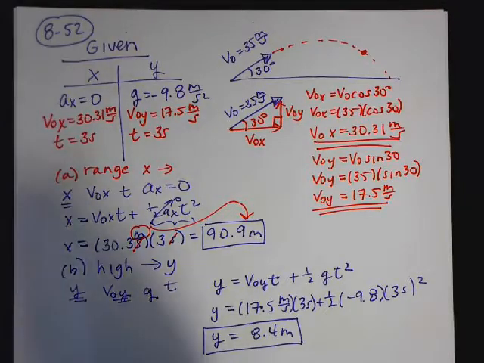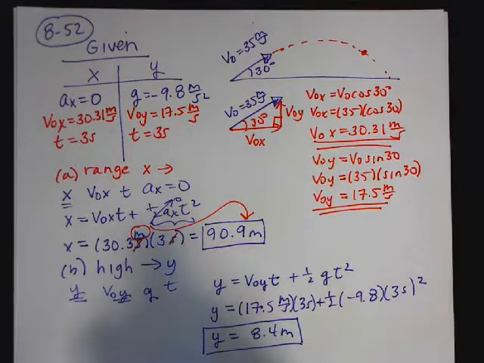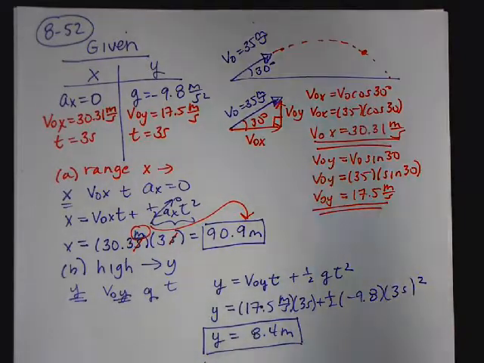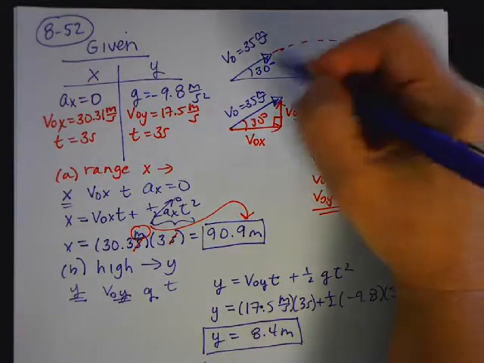Part C says to find the final velocity, VF. Now remember, VF is actually going to be VFX and VFY added vectorially. Okay, they say, what is the final velocity? Now, when I look at my picture, I don't even know where VF is.